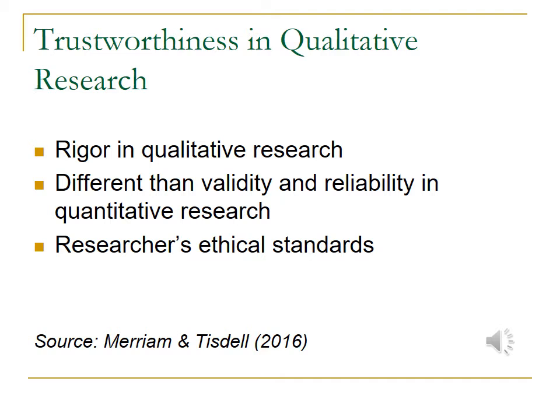With validity and reliability, you're really looking at, do the procedures lead to the same outcome as you're going through the research? And for qualitative research, that's really achieved through a number of means. It's also looking at the researcher's ethical standards.